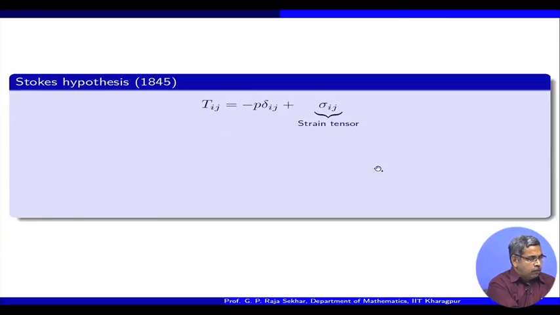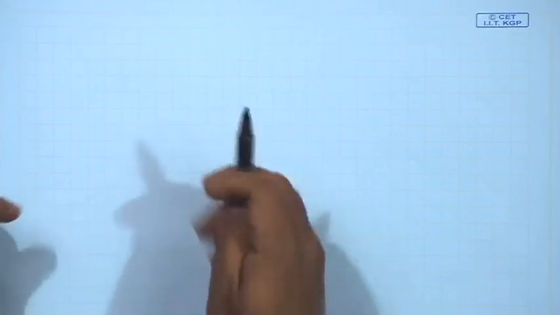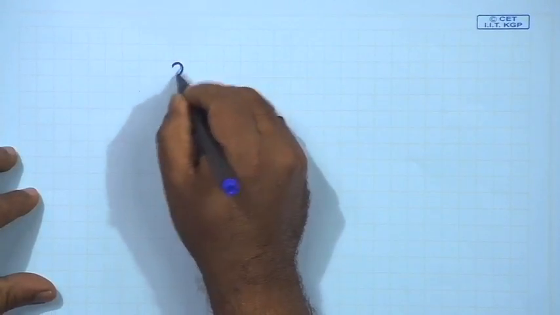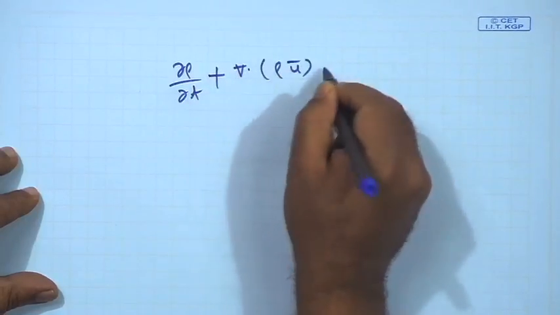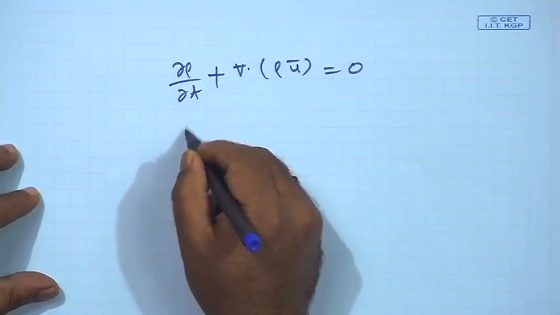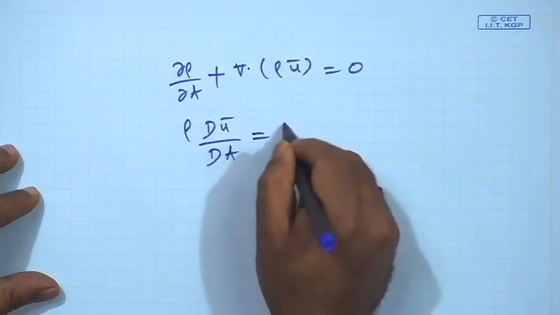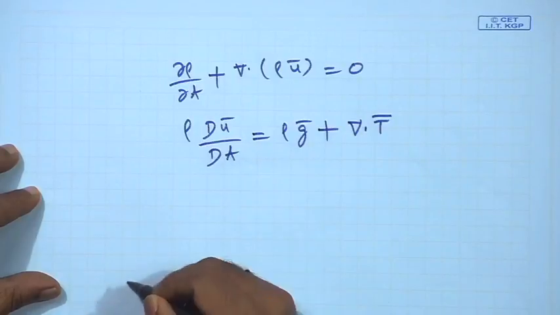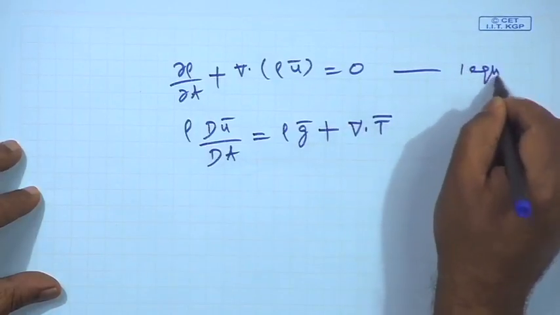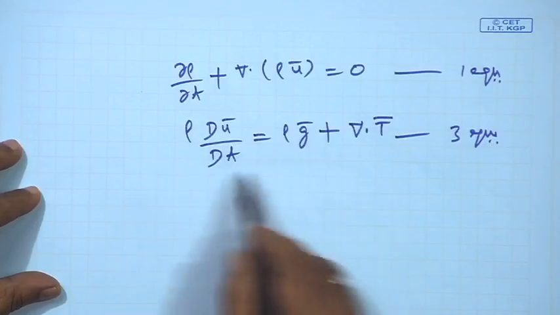Okay. Now, at this stage, if you balance the number of equations and unknowns, so what we have is, I am just repeatedly writing this. This is one equation, and then in vector form, let us say, this is rho g bar plus divergence of T. So, this is one equation and these are three equations, each in component form.